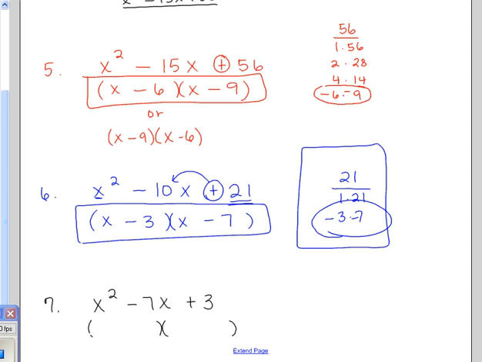I try to break it down. x times x, I look at the last number. Positive 3 means I have to find two numbers that would add to be negative 7. Well, if I look at positive 3, the only factors are 1 times 3, and that will not add up to give me 7. If this is the case and you don't find a number that works, it means that this polynomial cannot be factored.